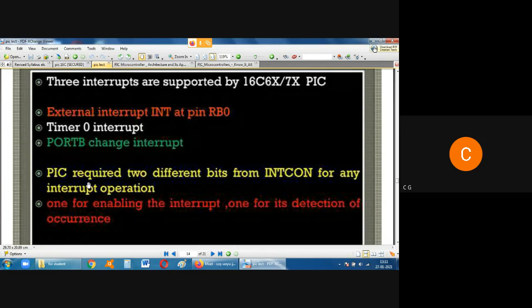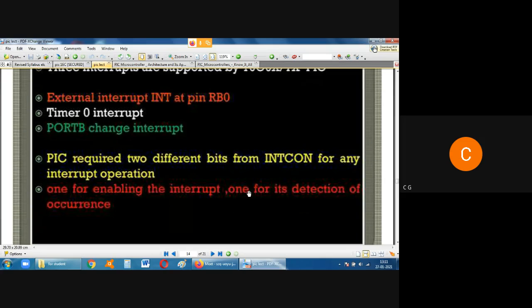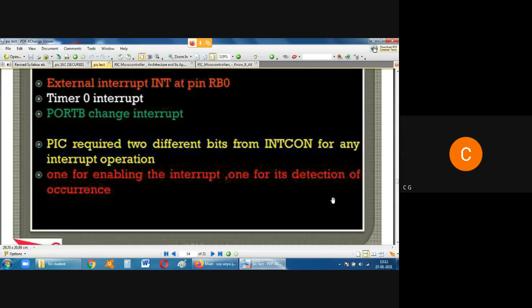Here, PIC will require two different bits from INTCON for any interrupt operation. One for enabling the interrupt, one for detection of the occurrence. So in the flag register, one bit is going to enable the interrupt, and the second one is detection of the occurrence.